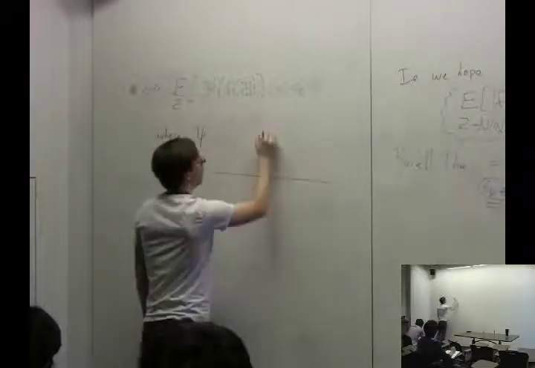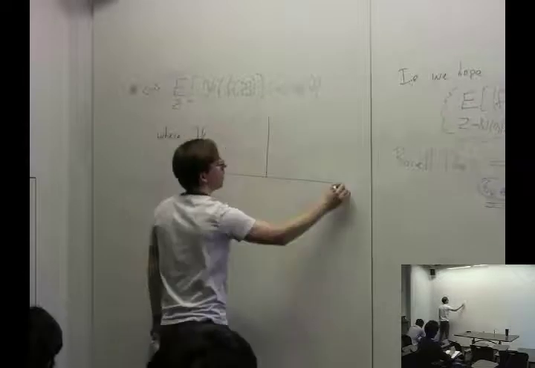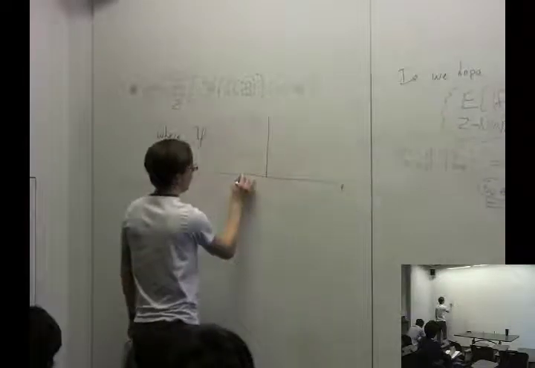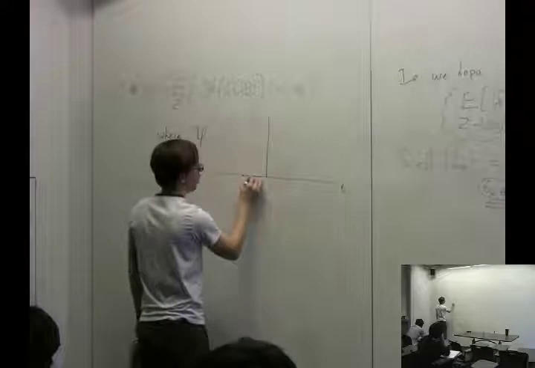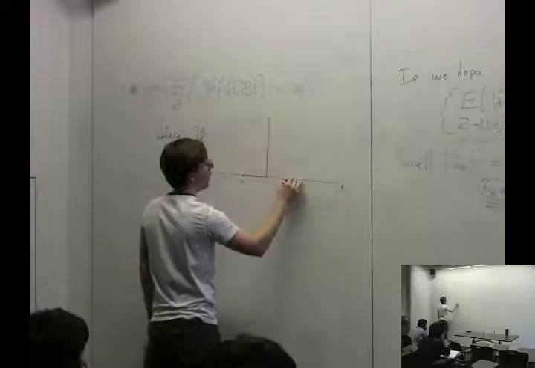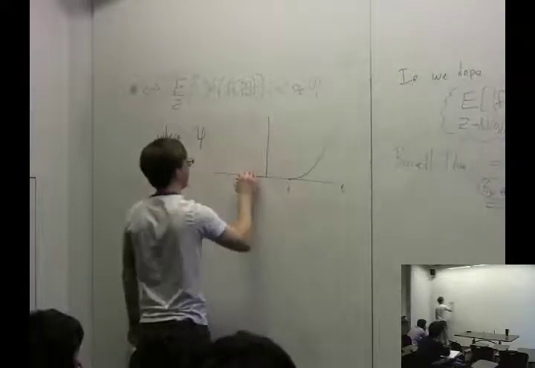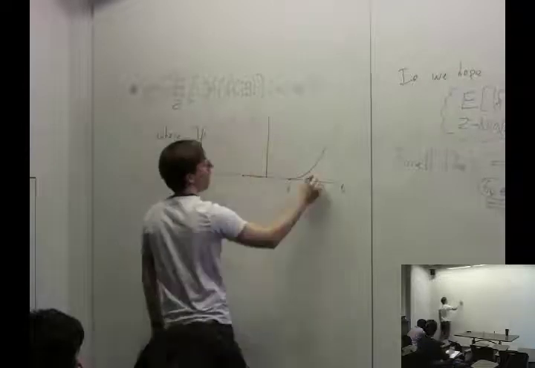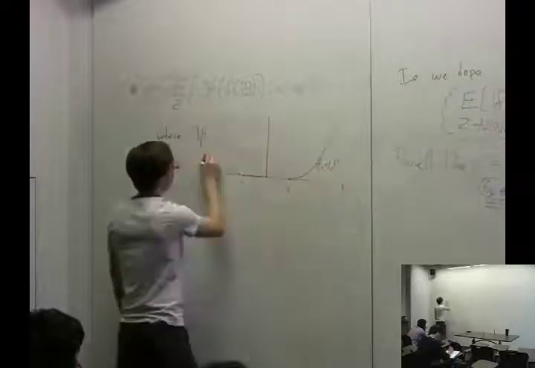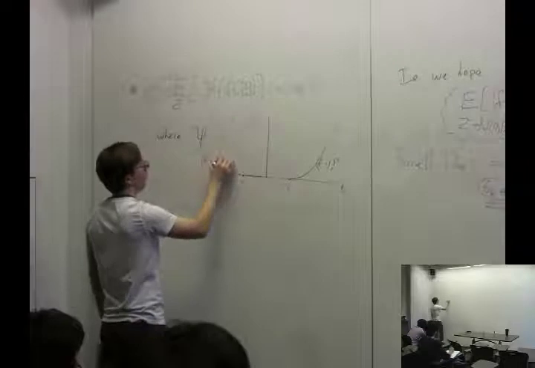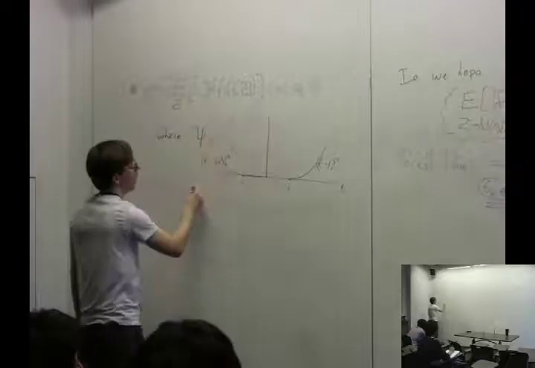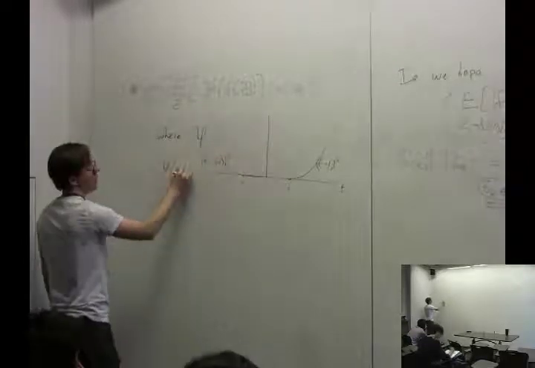It's the functional that looks like this. It's 0 between -1 and 1. And then it looks like a parabola out here. Okay, this is a plot of the graph of some function I just made up, psi of t.